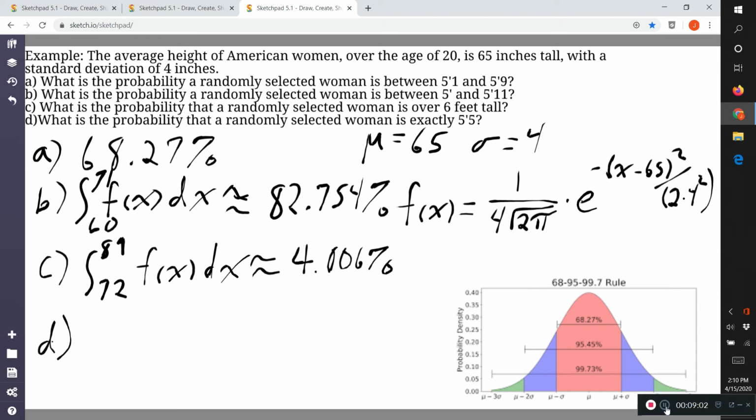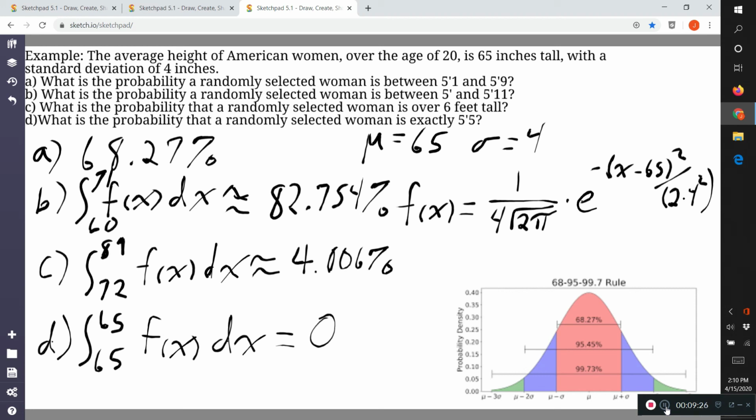Or there's a more intuitive approach here. So the first thing is, if we're talking exactly 5'5" tall, that's the average height, and that's 65 inches. So we're going to go from 65 to 65 of f of x dx. And we shouldn't even need to put it into our calculator to know that's going to come out to be exactly 0.